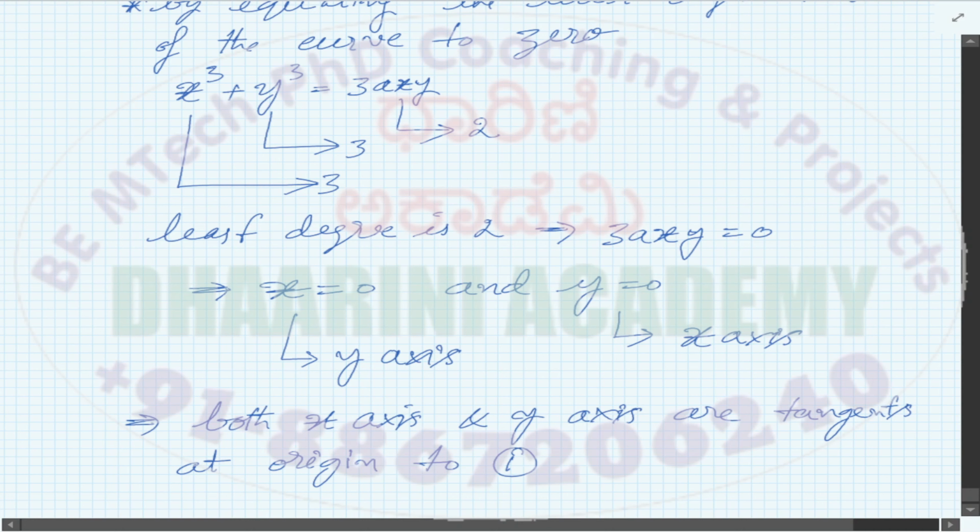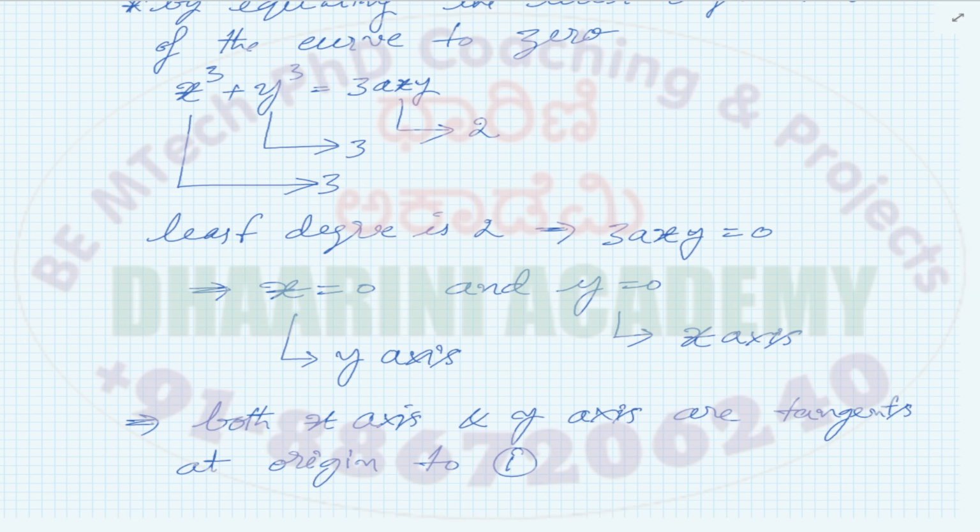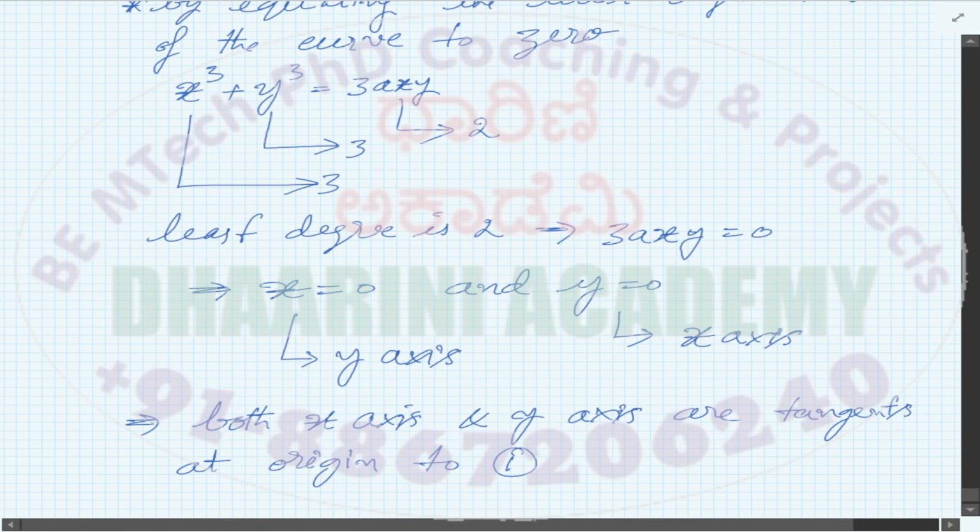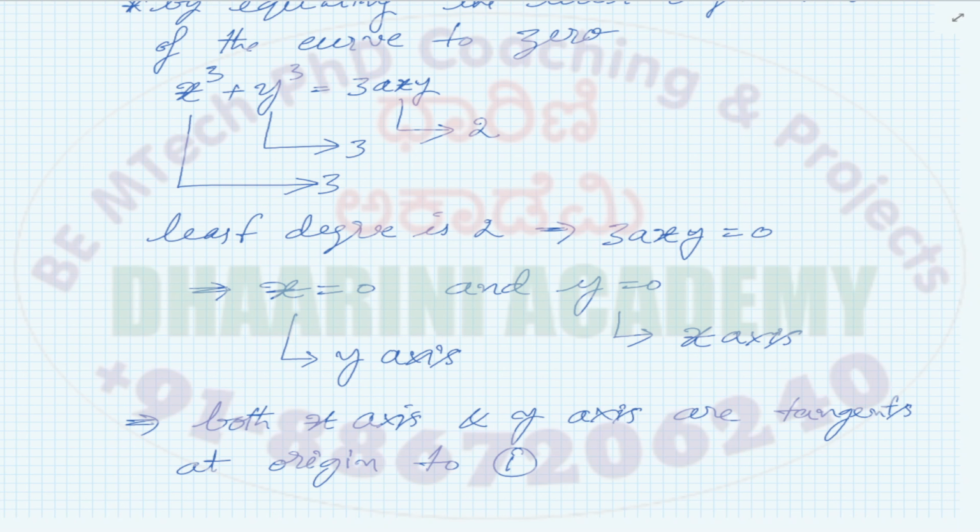Now I have to draw the curve in such a way that the required curve has symmetry about y equal to x, passes through origin, and the x and y axis are the tangents at origin. So I keep getting more and more details about the curve as I proceed. That is step number 3.